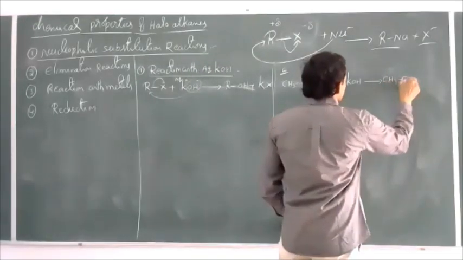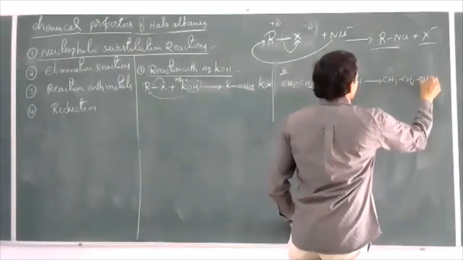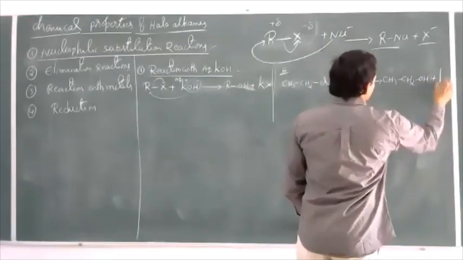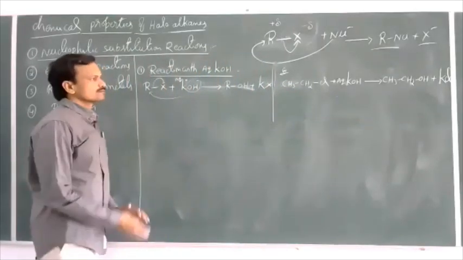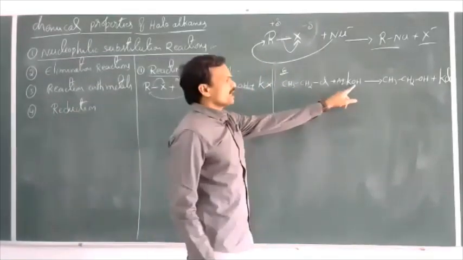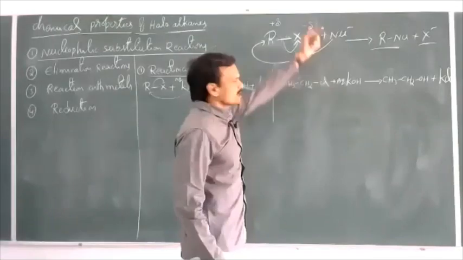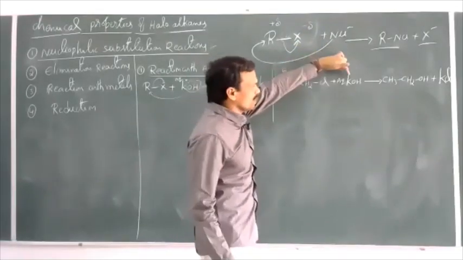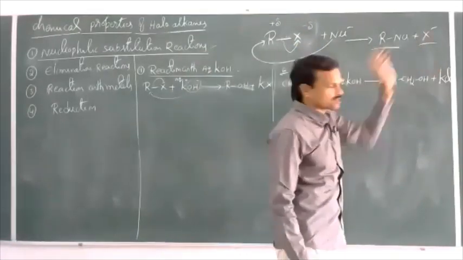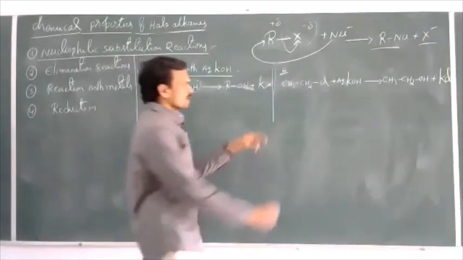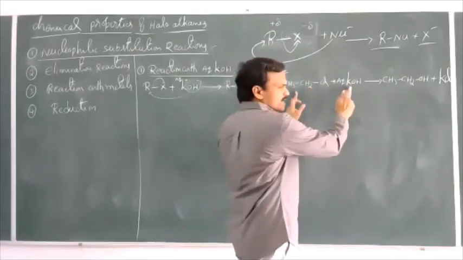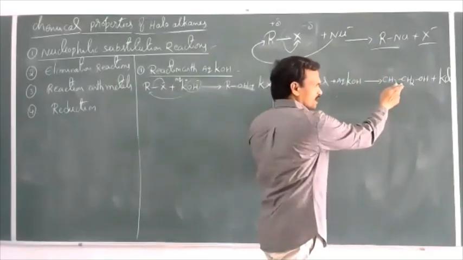CH3CH2OH plus KCl, potassium chloride. So here OH minus replaces Cl minus, and the replaced Cl minus and remaining K plus combine to form KCl, potassium chloride. So this is a nucleophilic substitution reaction. So ethyl chloride reacts with aqueous KOH to give ethyl alcohol.